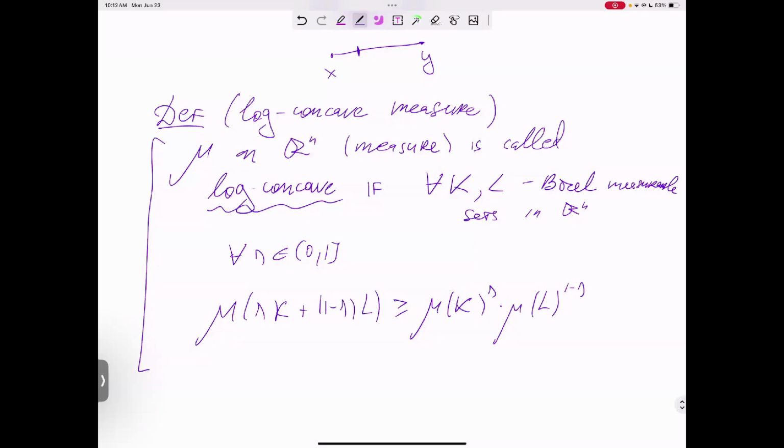So the measure is called log-concave if it is log-concave with respect to Minkowski addition.